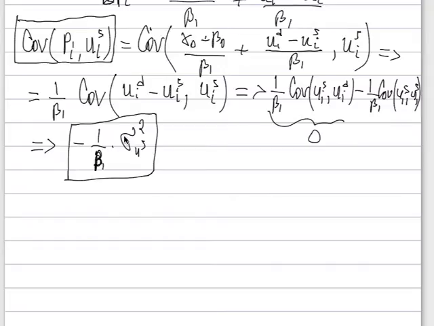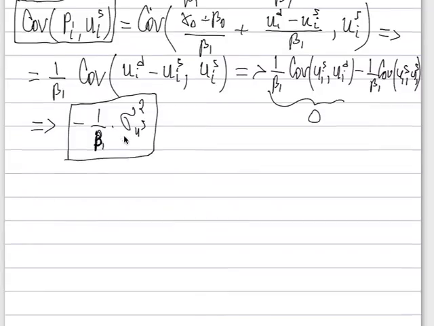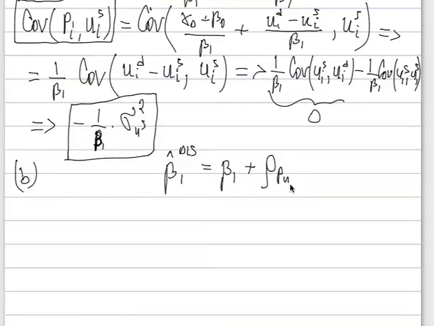Now we have to show that the OLS estimate of beta 1 is inconsistent. B. Maybe it's sufficient to start here. Now, the OLS estimator, beta 1 hat OLS, is equal to beta 1 plus some rho P and U in this case.